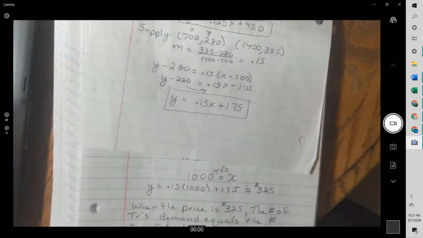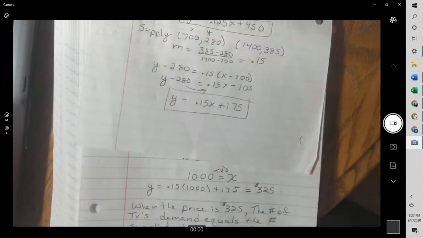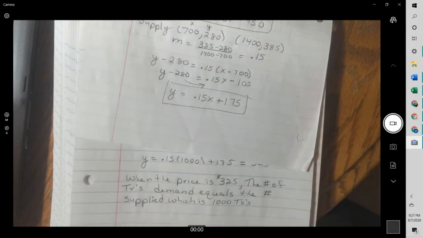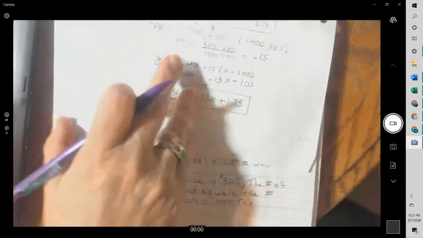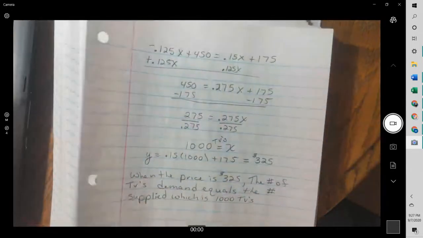So 1,000 televisions will give us our supply and demand equal, and the price I'd need to sell them for is $325. Okay.